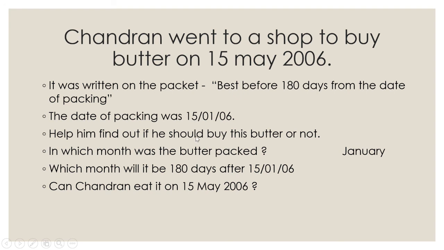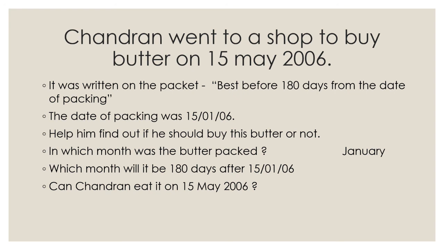Now, if we count the number of months, we will count like this. February, till 15th February, 1 month. Till 15th March, 2nd month. Till 15th April, 3rd month. Till 15th May, 4th month.